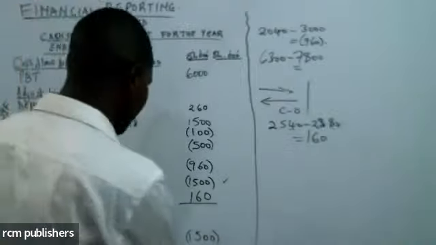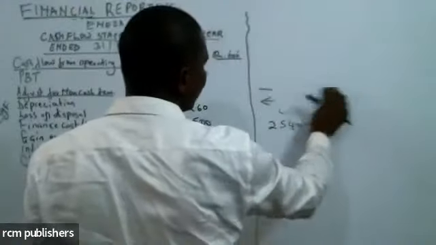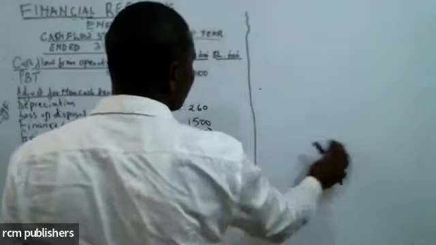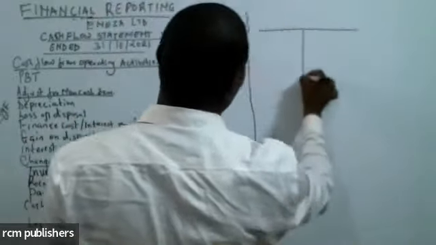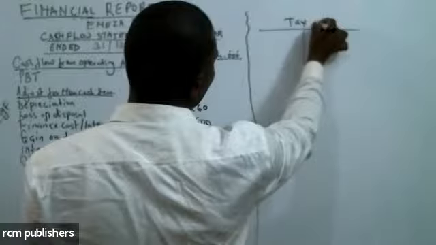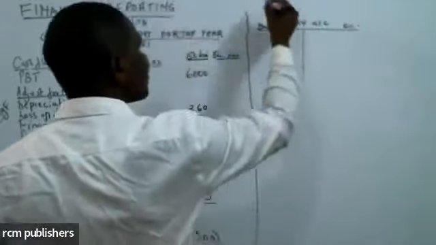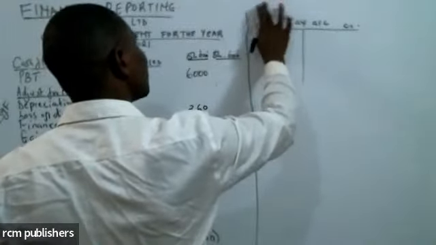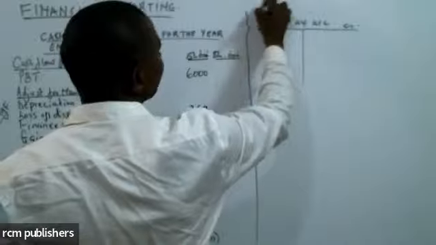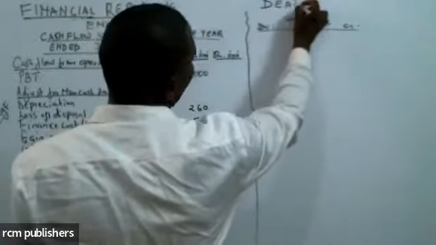Now for the tax class, this is the way I want you to be computing tax in any way. So come and open a T account here, the tax account. This is debit, this is credit.